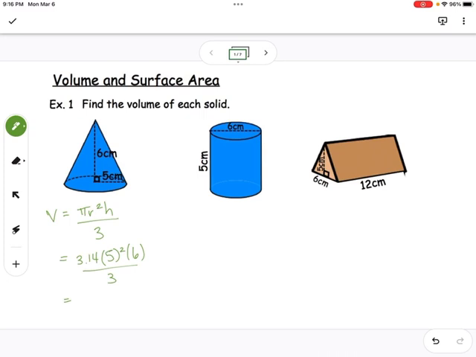Okay, in your calculator, you're going to need to do exponents first. So 5 squared, and then multiplying by 3.14 times 6, and divided by 3. And that gives 157 centimeters, working in volume, cubed.